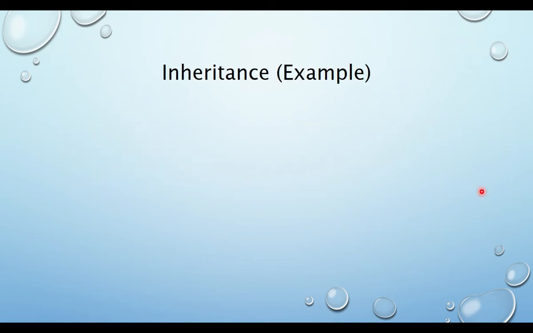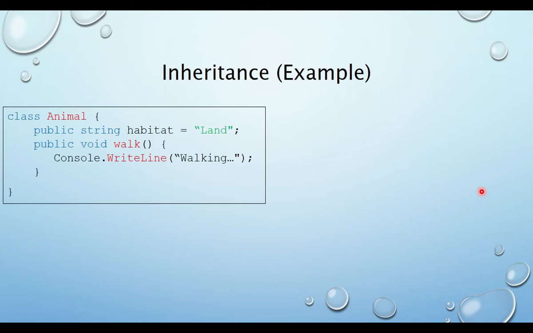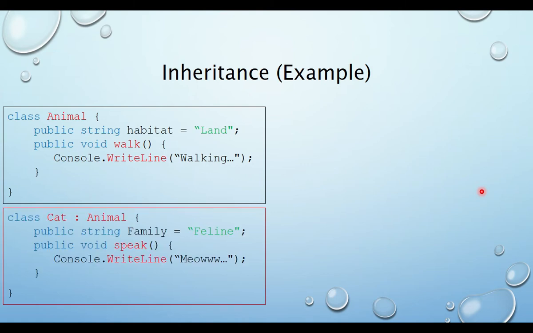The following code is an example of inheritance. We have here the definition of a class for animal, and then the second one is a definition of another class named cat. So cat here was derived from the base class named animal.